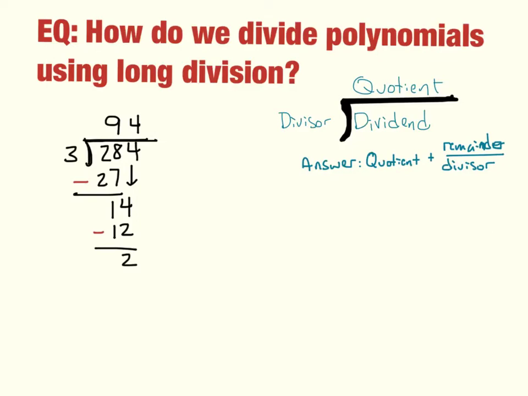But what we're going to do is stop here and call this my remainder. So now my answer would be 94, and since we add the remainder over the divisor, 2 over 3, we'll say 94 and 2/3.